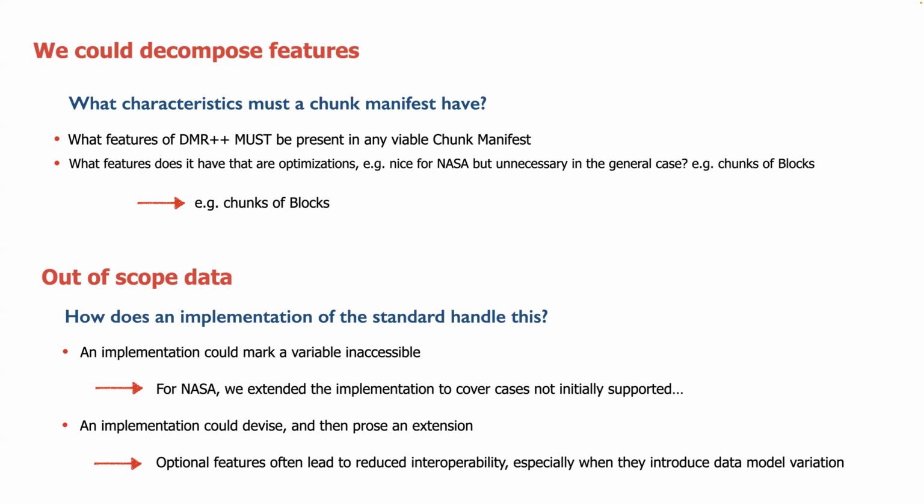But some of the OGC standards had an optional thing where they worked with two-dimensional data, but then they could optionally work with n-dimensional data. Well, software that is really only rooted in a two-dimensional world doesn't really understand n-dimensional data very well. And so there was an interoperability problem with that.